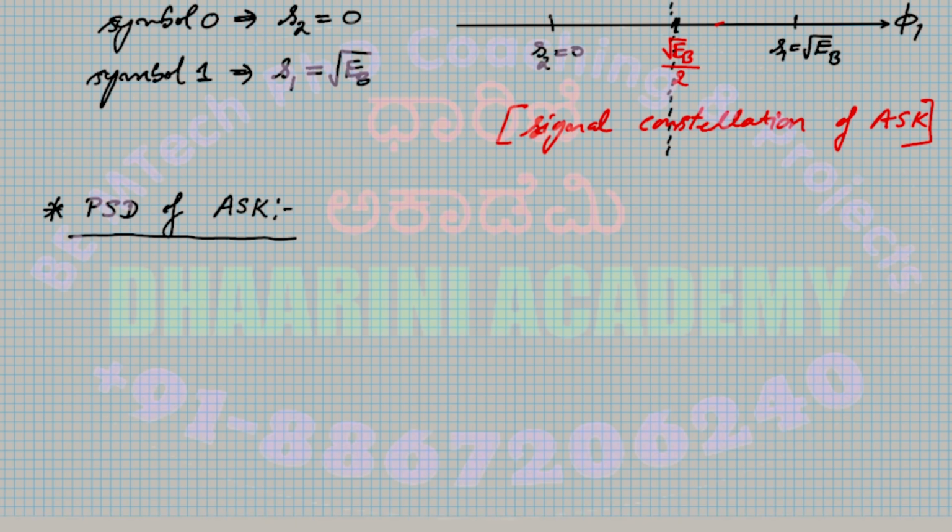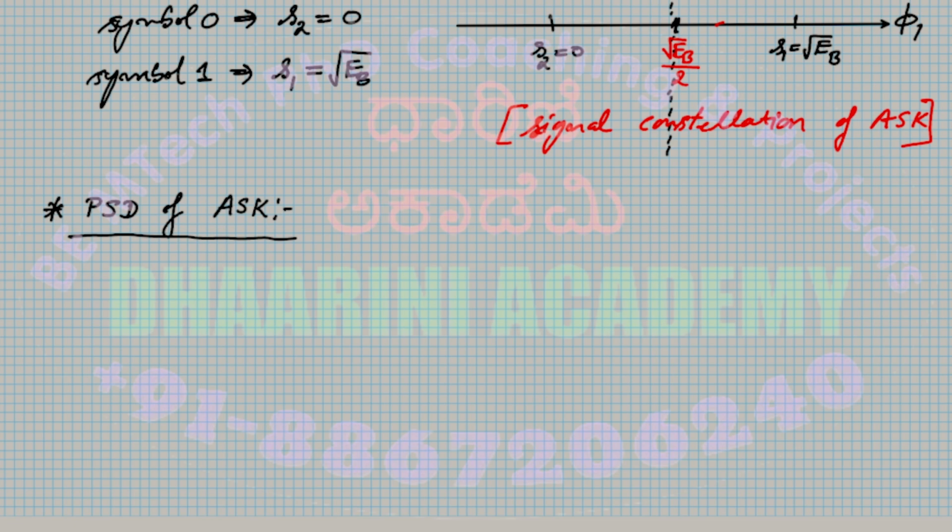Now we have what is called the S of t given. And that S of t, let's try to represent using phi 1 of t, multiplied by the binary incoming signal, that is in NRZ format.